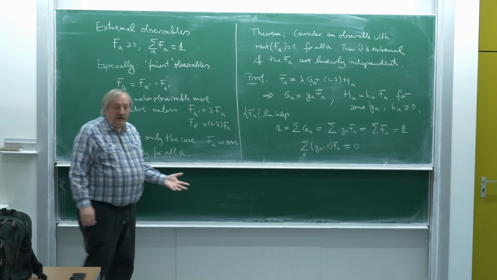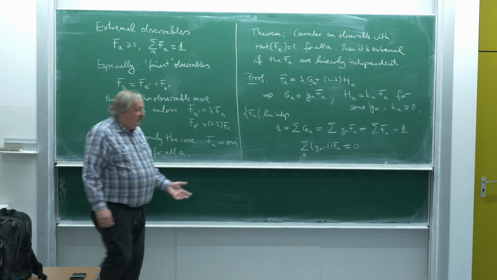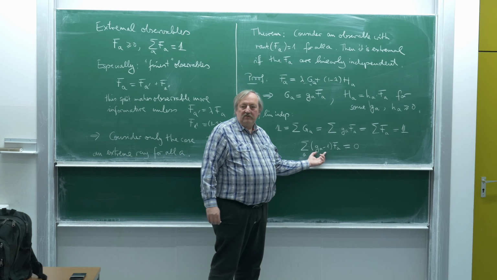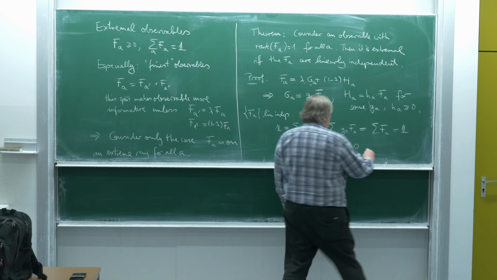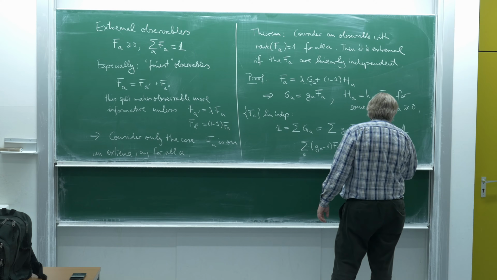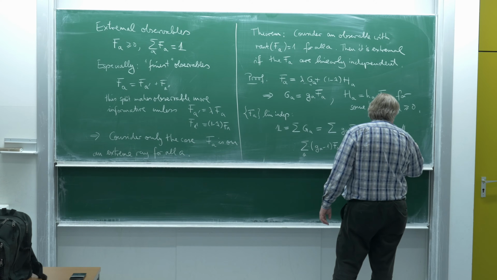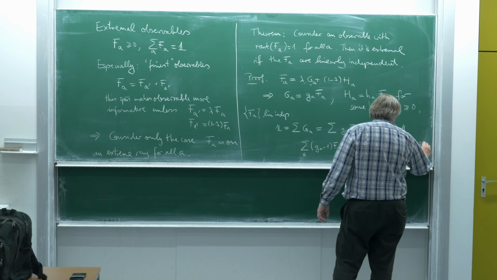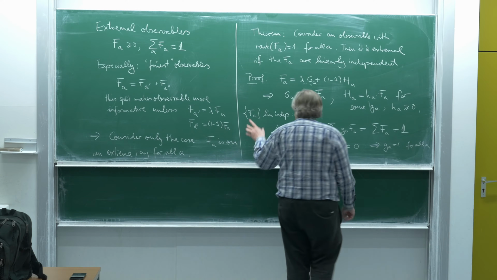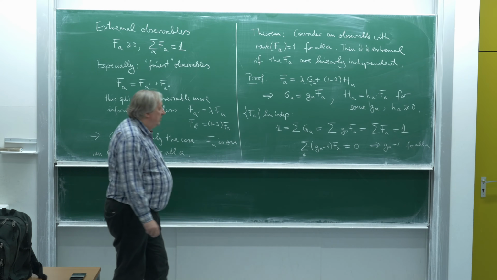But now the FA are linearly independent, and therefore you can conclude that the coefficients are 0. So it follows that GA is 1 for all A. Right? This is on the assumption that these are linearly independent.